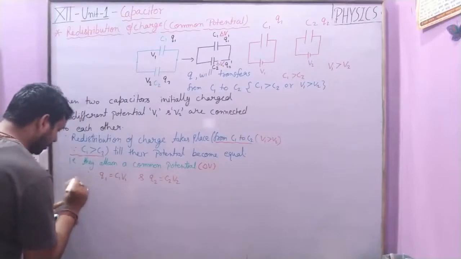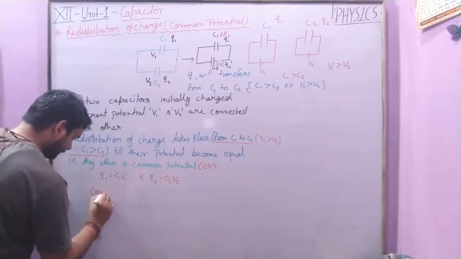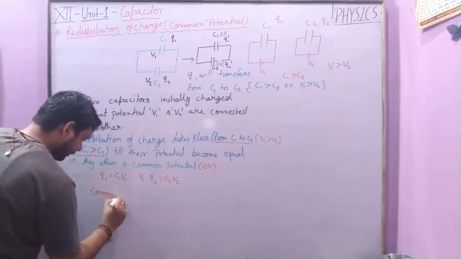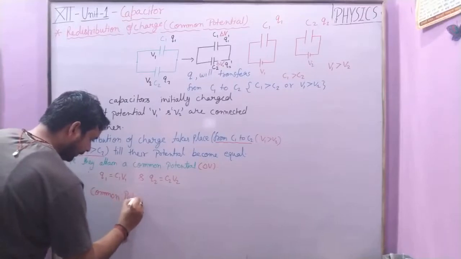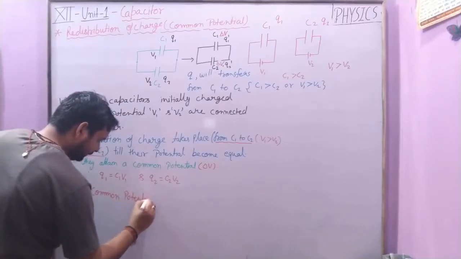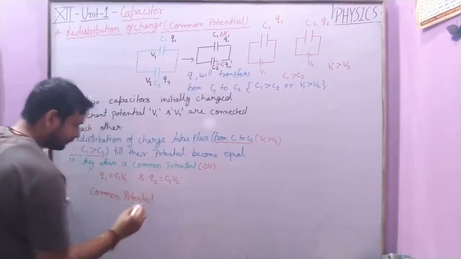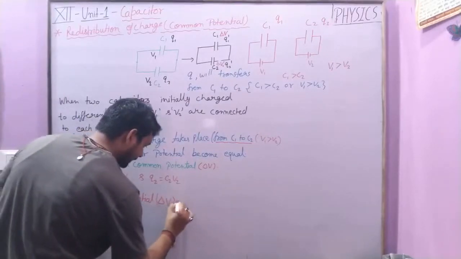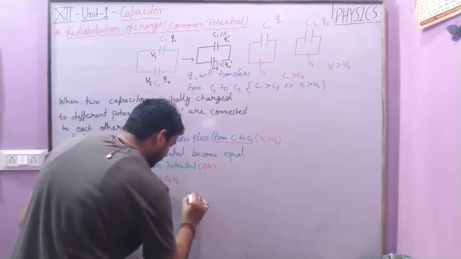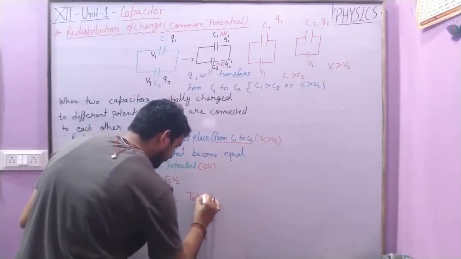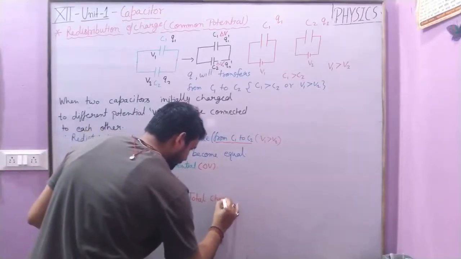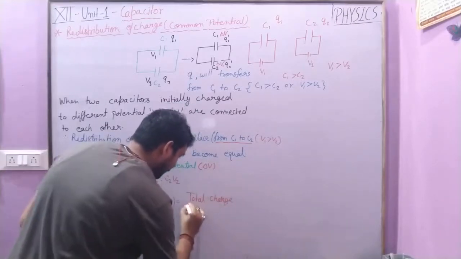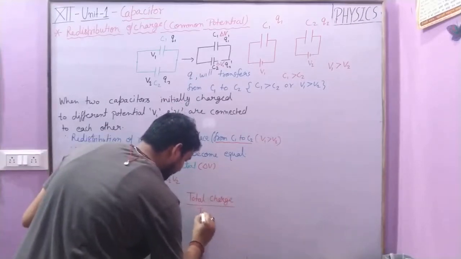Therefore common potential, that is delta V, is equal to total charge upon total capacitance.